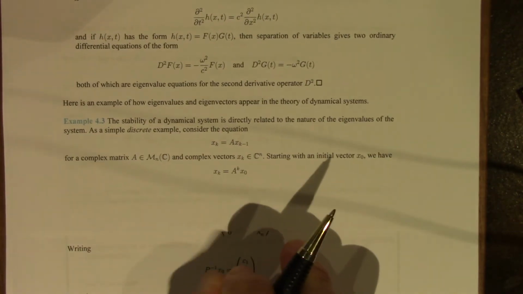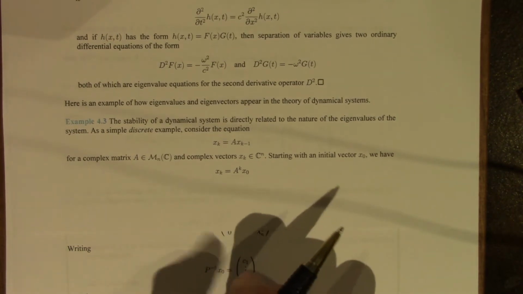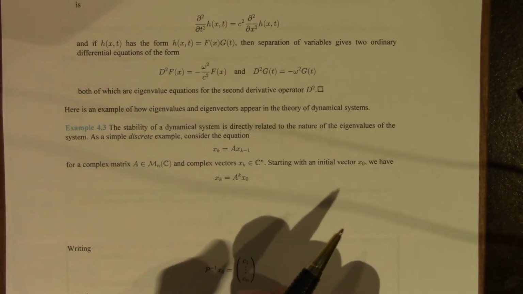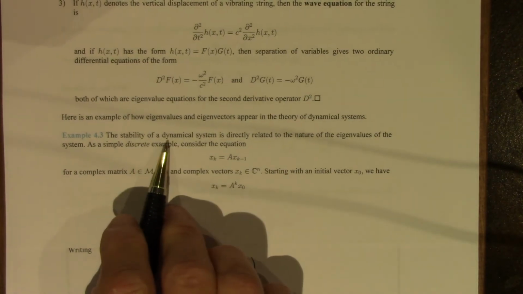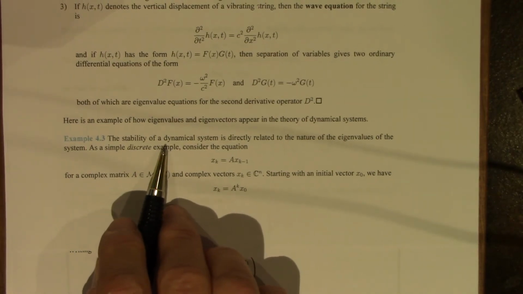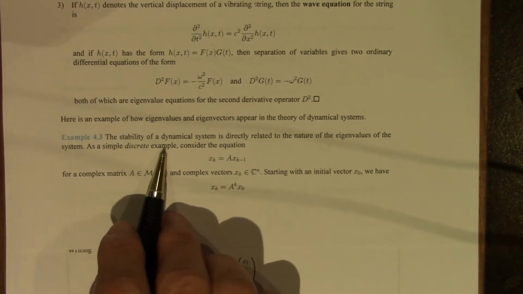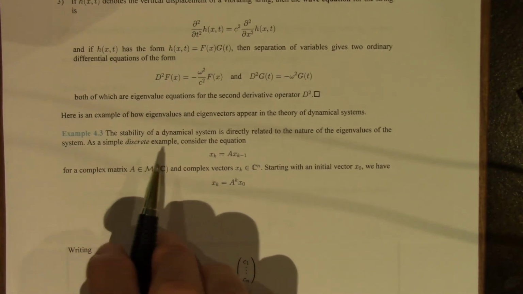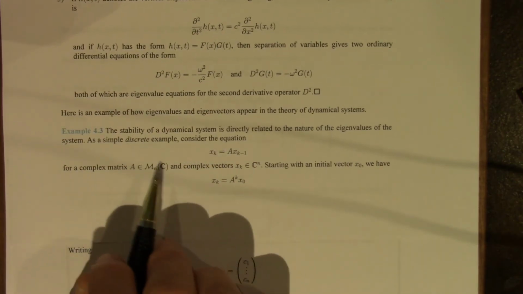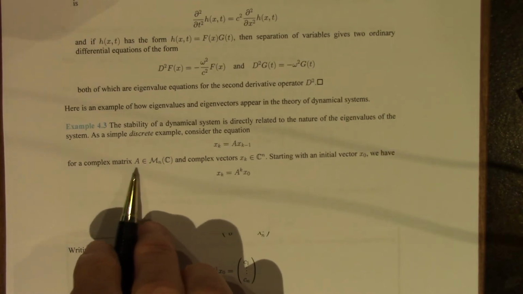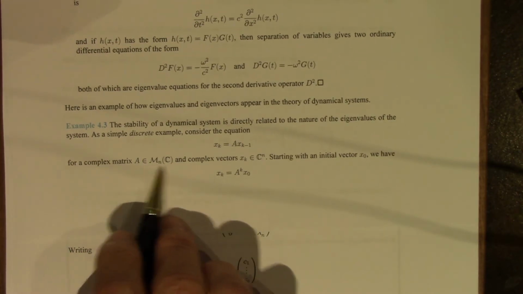Eigenvalues and eigenvectors appear in the theory of dynamical systems. And here's a simple example of a discrete dynamical system. Let's say that A is a complex matrix, n by n.